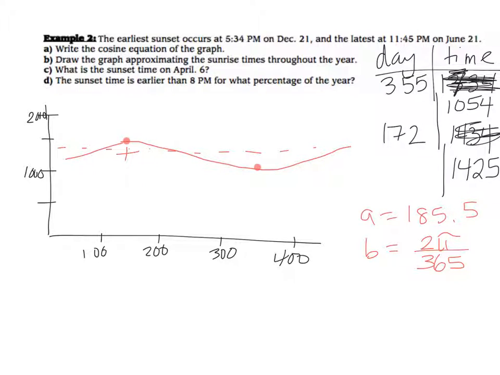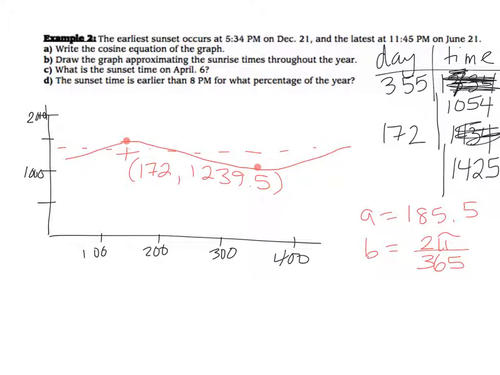So it's 172. But what's the y value there? 1054 plus 185.5, yes. So it's 1239.5. Those are your C and D values.